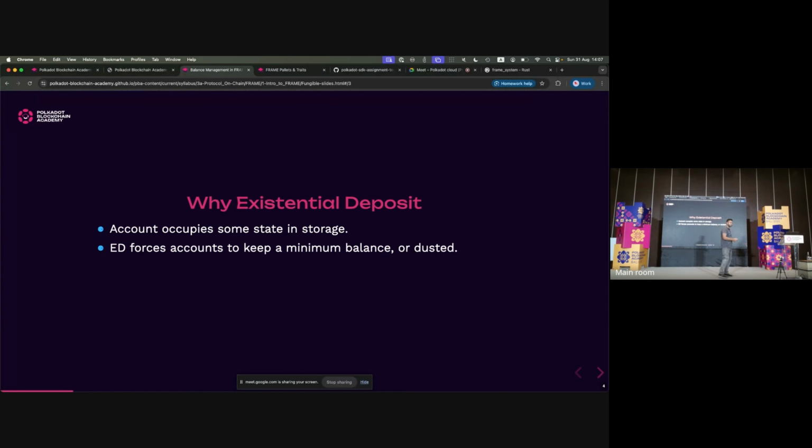What ED provides is, okay, we will keep your account alive as long as you put some minimal balance. But if it goes below that balance, we will dust it. So that's the idea. It's a way to protect against the state bloat that can happen.